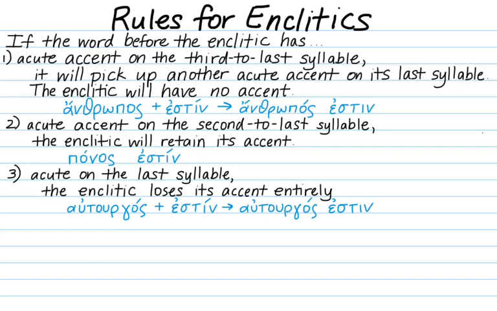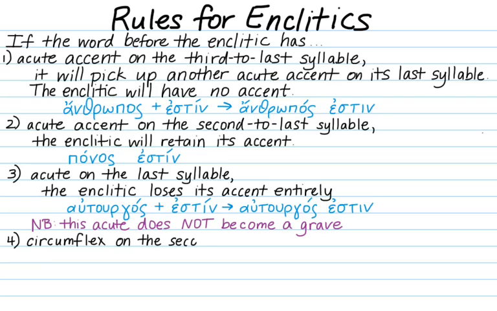Here, the acute from estine has actually joined up with the acute of the last syllable of auturgos, but to us it looks like just one acute accent on auturgos and the one on estine has disappeared. Note that the acute accent of auturgos does not become a grave, even though it is followed immediately by another word with no intervening punctuation, because that word is an enclitic. Enclitics create exceptions to previously learned accent rules.